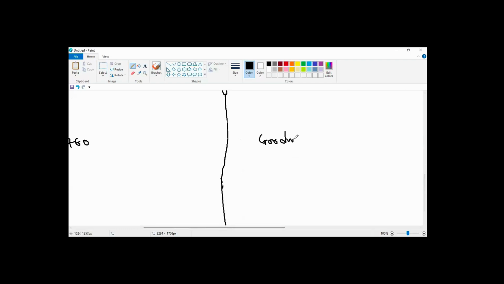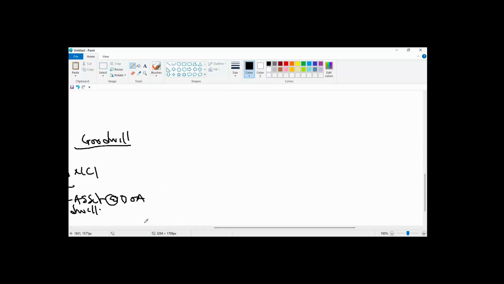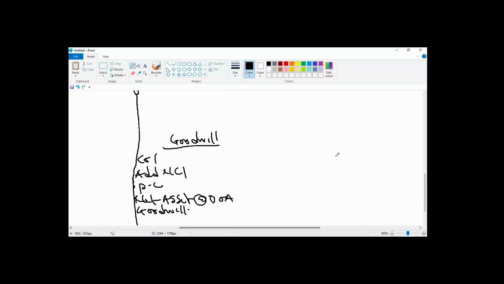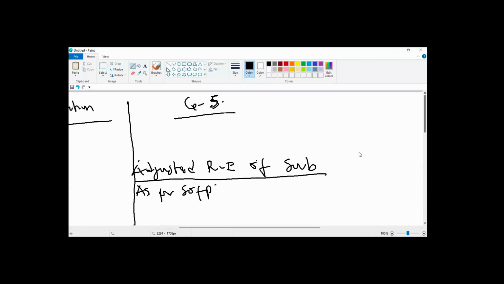Goodwill: cost of investment, add NCI, purchase consideration, less net assets at the date of acquisition, equals goodwill. I need to retain any of the parents.